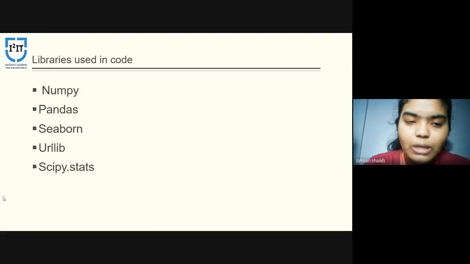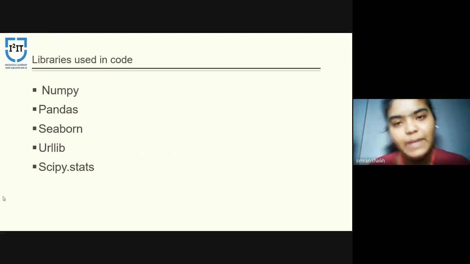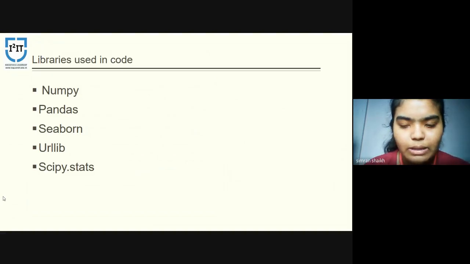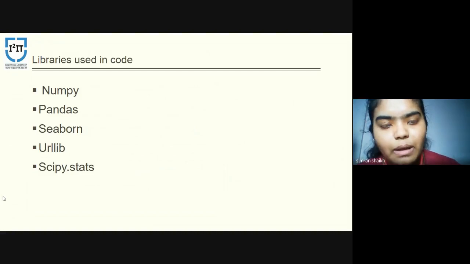Now Seaborn is a data visualization library. Please stay till the end of the video, I'm really going deep into data visualization today. Seaborn is like a mix of the basics of NumPy, Pandas, and Matplotlib. It is an integrated form of Matplotlib, and it is really helpful for plotting our graphs.